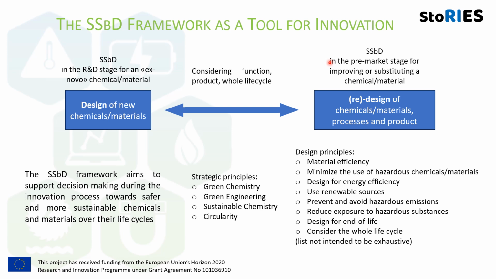And now, let's imagine that we want to improve the performances of the product, or maybe we want to reduce the hazard connected to the manufacturing stage of this product, or even maybe we want to improve the sustainability of the product itself. Now, we can use different design strategies.